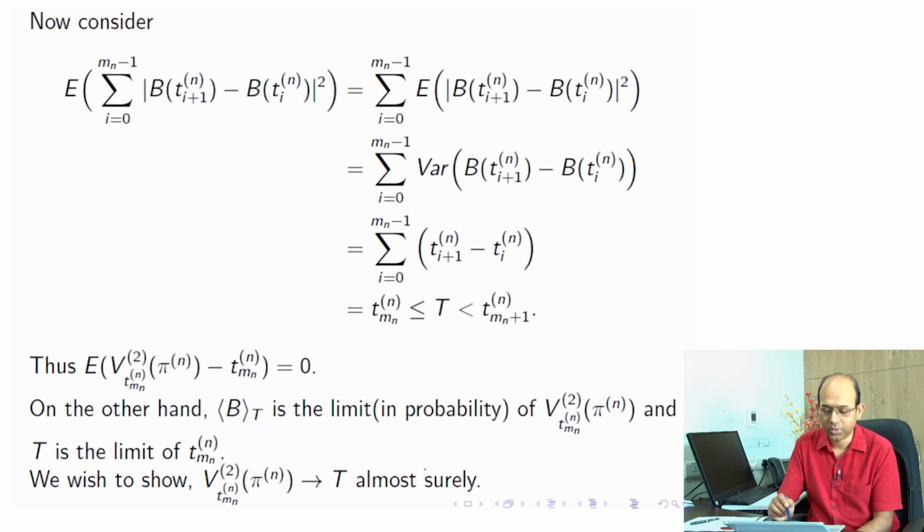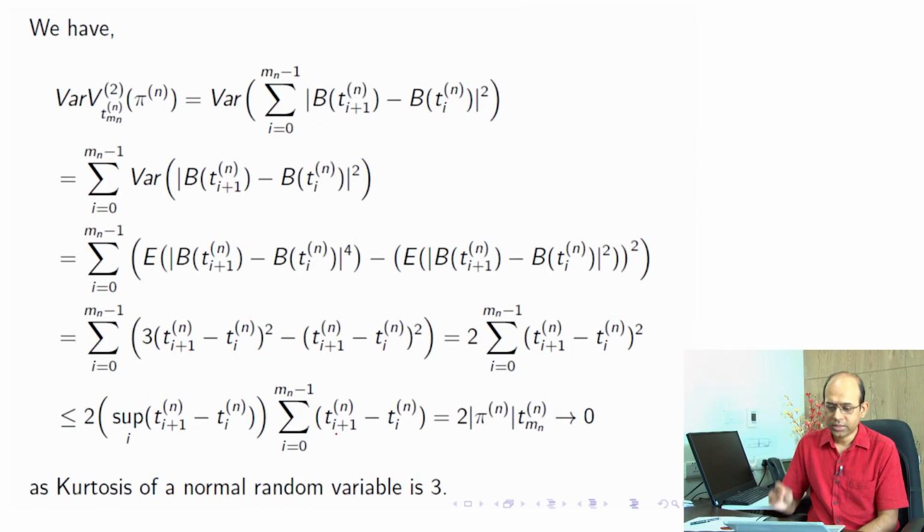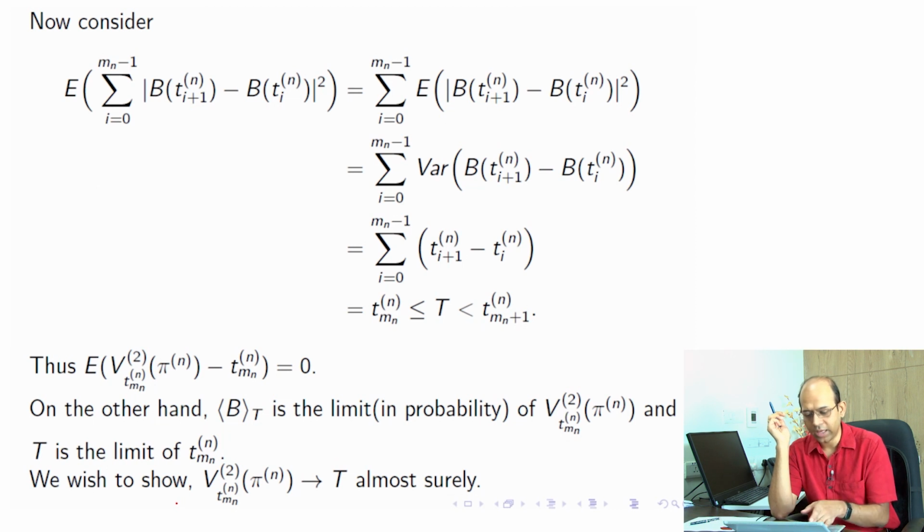This is synonymous, because showing that the quadratic variation is equal to t almost surely is the same as showing that this converges to t almost surely. Why? Because anyway this converges to this in probability. So if this converges to t almost surely, it converges to t in probability also, and then this becomes the quadratic variation.